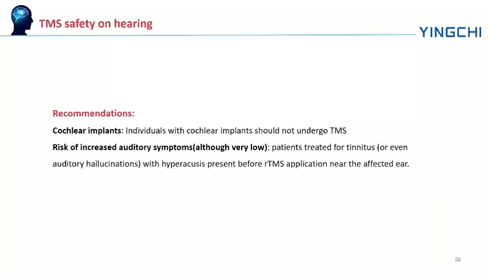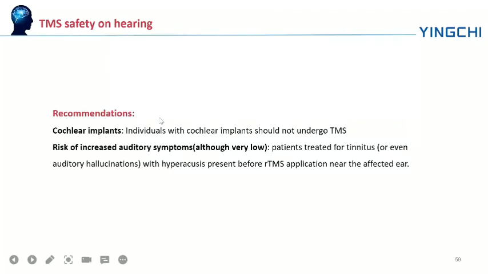As for the safety on hearing, here are the recommendations also from the safety guidelines. When people have cochlear implants, individuals with these implants should not undergo TMS.